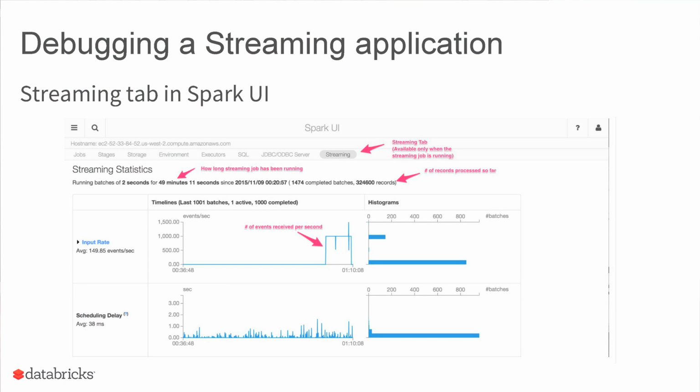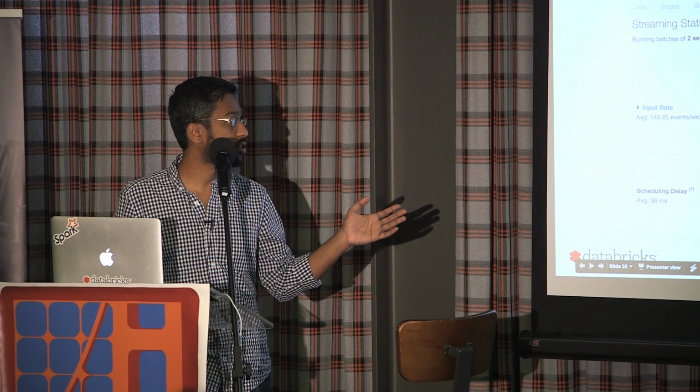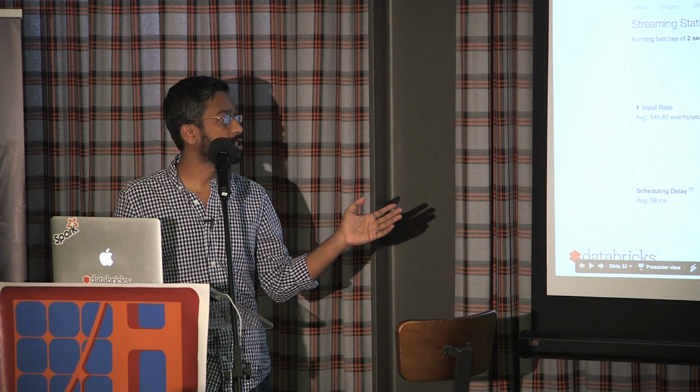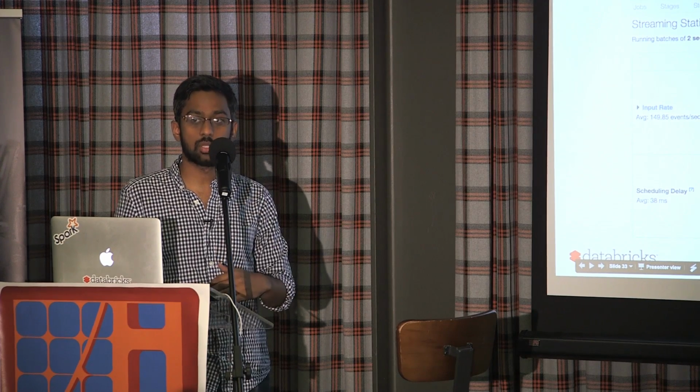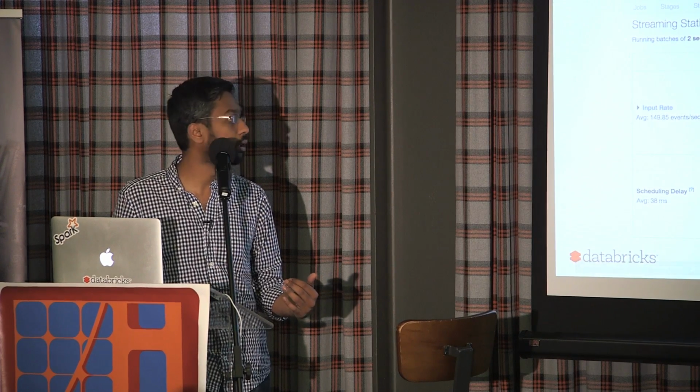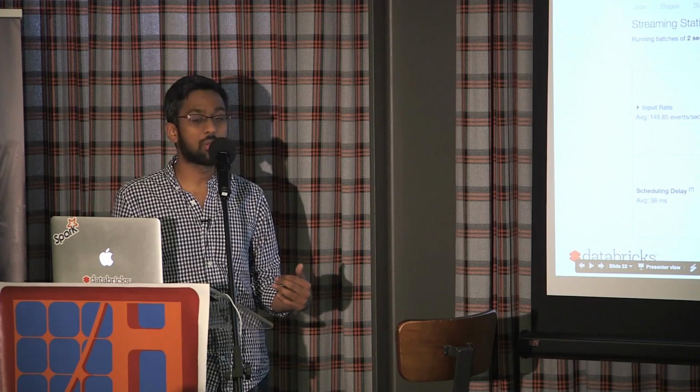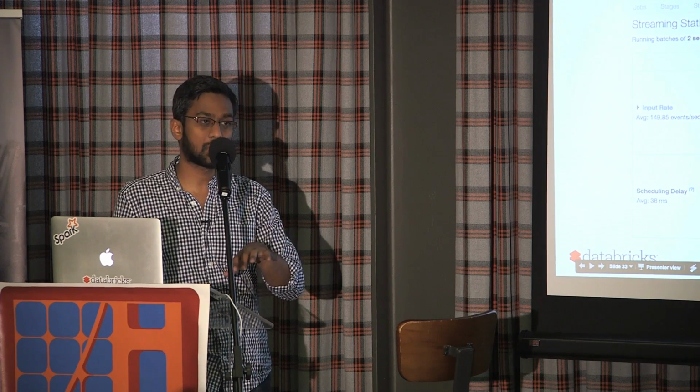As far as debugging a streaming application, in the Spark UI there is a streaming tab, which is a transient one. This tab is available only if there is a streaming job running on the cluster. It has a wealth of information about the state of the streaming job: how long it has been running, how many records have been processed, how many batches have been completed, and the number of events received per second.